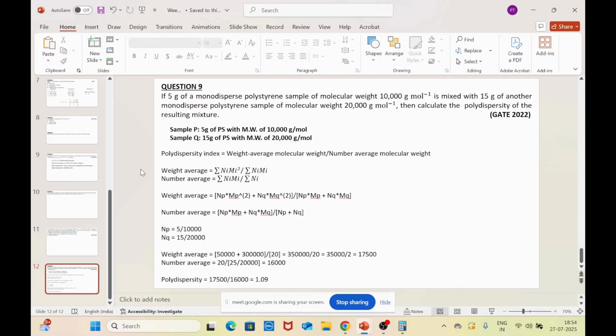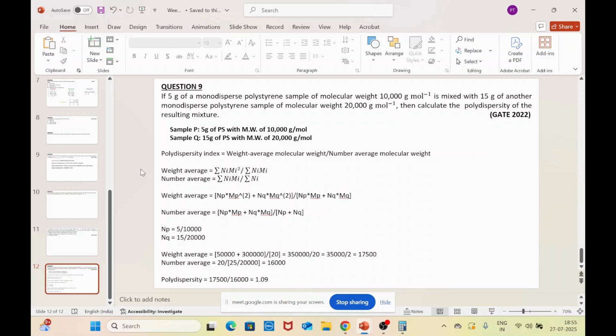So this polydispersity index will be greater than or equal to 1. If it is equal to 1, then it will be very easy for processing, because almost all the polymer chains within the system, or the bulk or the sample of interest that you're taking, will be of the same size. So processing will be a bit easier, and anything greater than 1 is fine. But usually the polydispersity index is never less than 1.